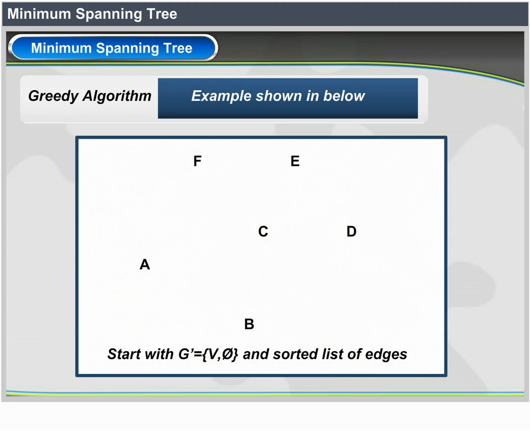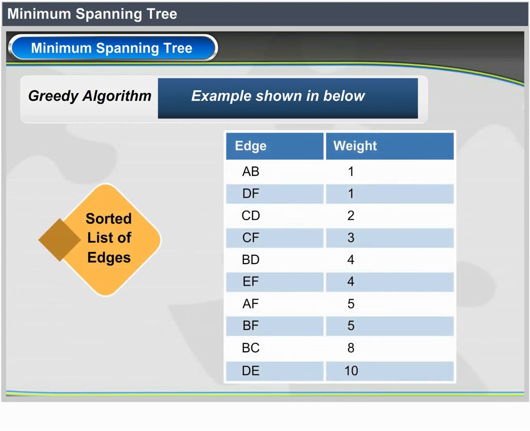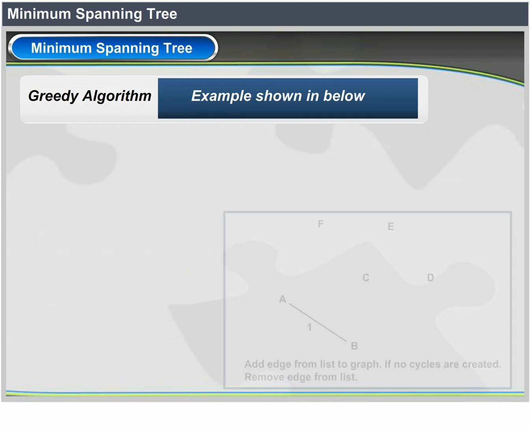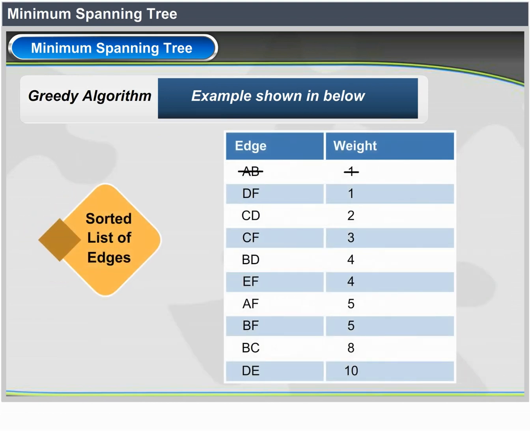The sorted list of edges is shown in this table. Add edge AB from the list to the graph. If no cycles are created, remove this edge from the list. The sorted list of edges after removing the edge AB is shown in this table.